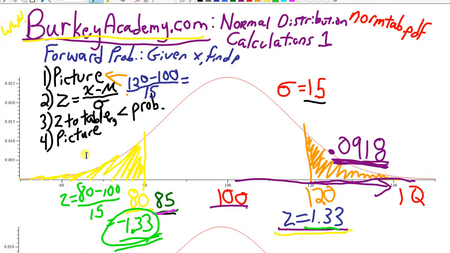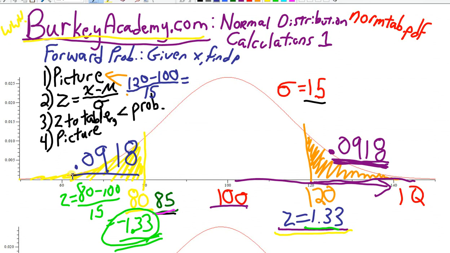We just get the final answer kind of automatically, 0.0918. So this is kind of a little bit more advanced trick, but if you see the idea that I'm telling you, anytime you can save a step and you're confident that you're doing the right thing there, why not use that kind of trick? So we're using the symmetry of the normal distribution to our advantage.